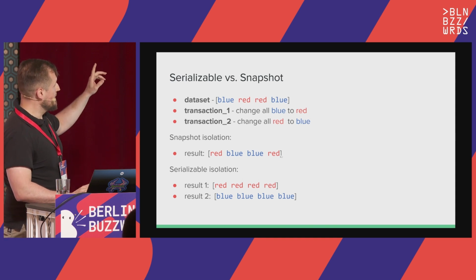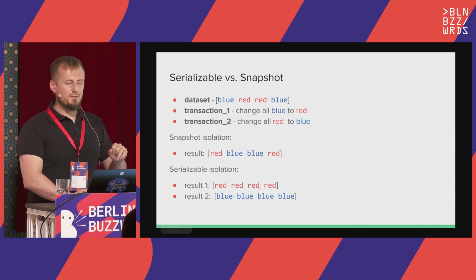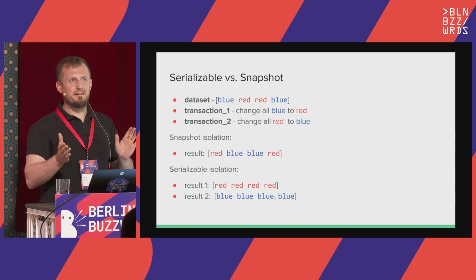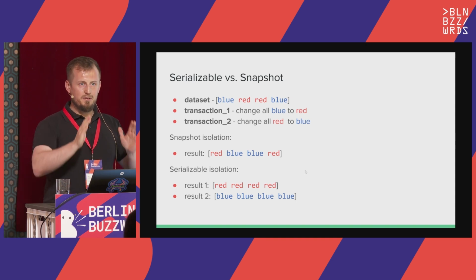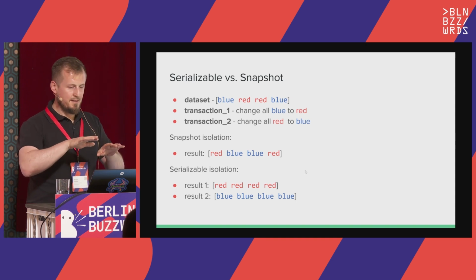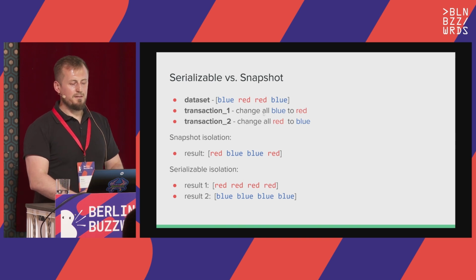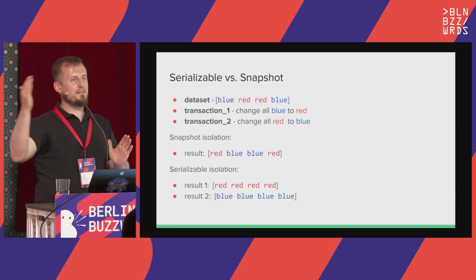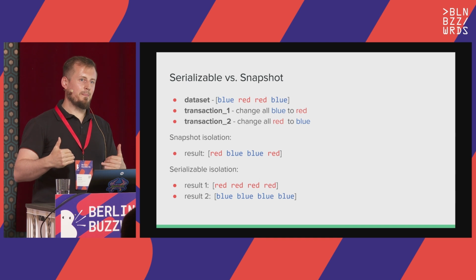However, if we do serializable isolation, we get one of those results depending on which transaction succeeded earlier, so remember that they are executed as if they were executed in order. So the first one is flipping, let's say transaction 1 won, so all blues are now red, and then the other transaction comes in and sees that everything is red, so it flips it to blue.